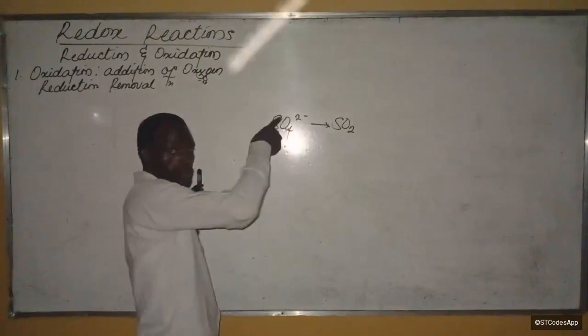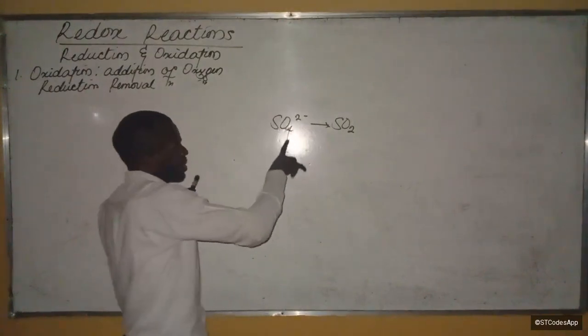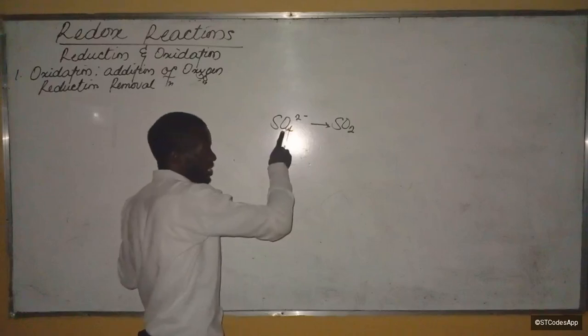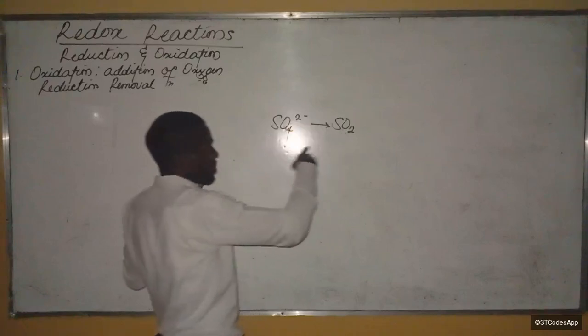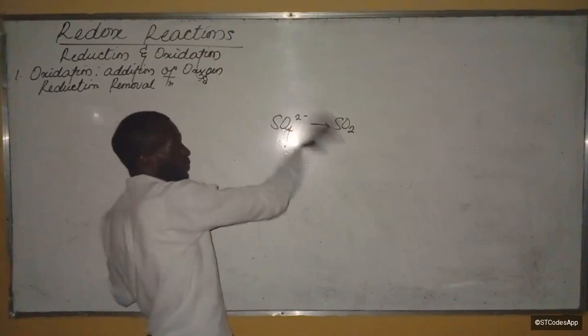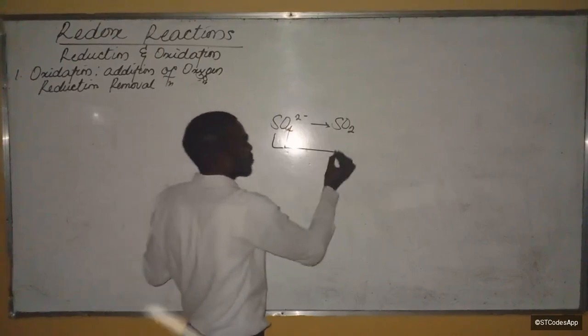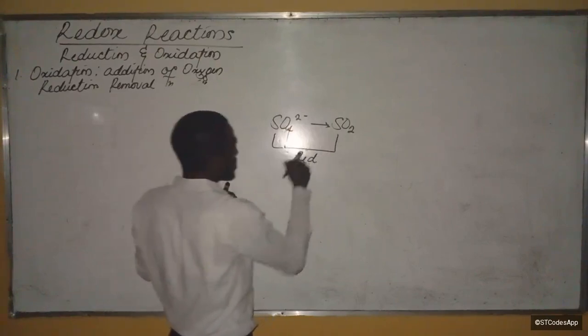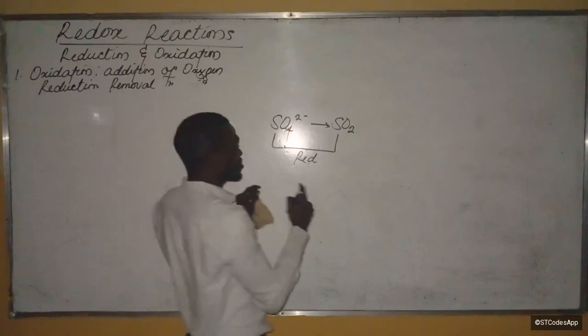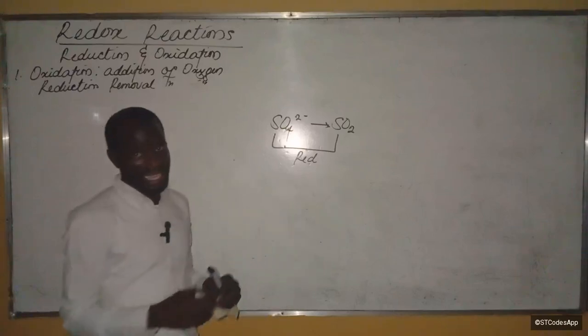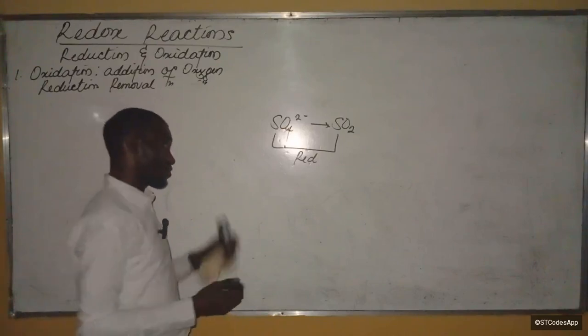Oxygen is 4 atomically here, and there are 2 atoms here. What happened? There is a reduction in the amount of oxygen. So this is not oxidation, this is reduction. This is a half reaction. We call it a reduction half reaction. Is that clear?